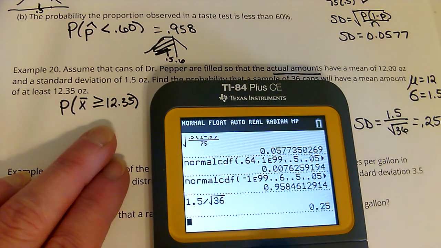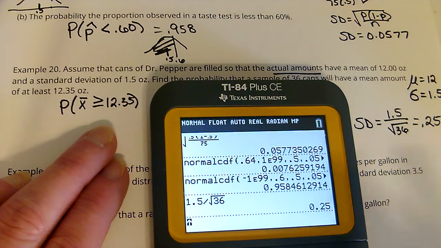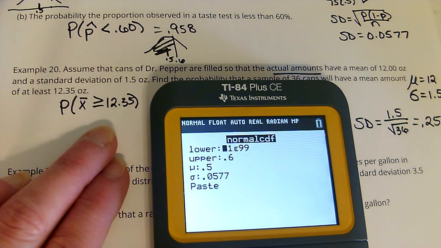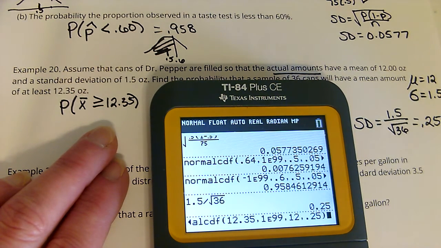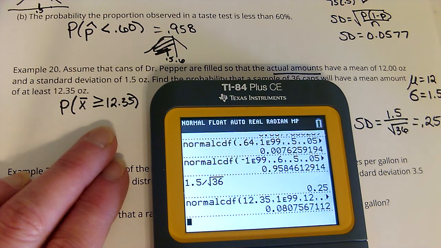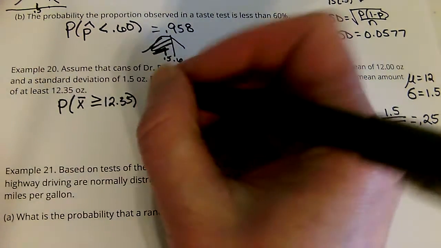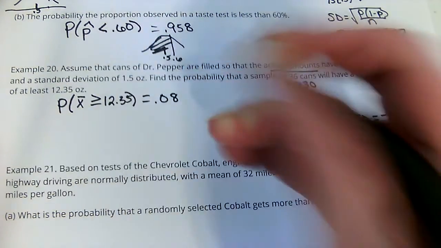Greater than 12.35, 12.35 would be my lower boundary. The mean is going to be 12, but we're using the standard deviation of the sample distribution. And I get 0.08.